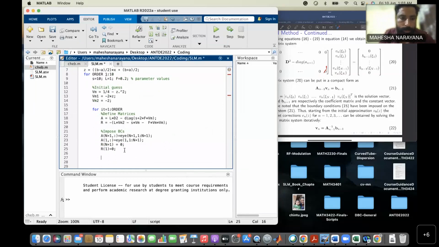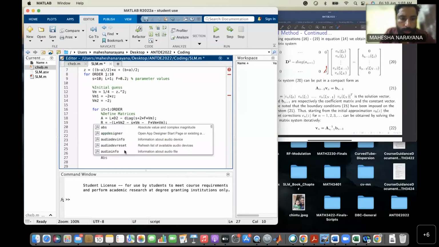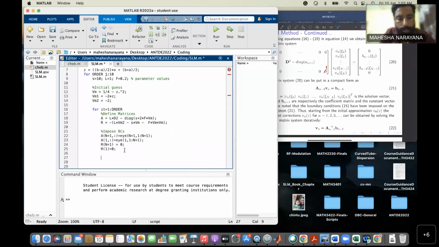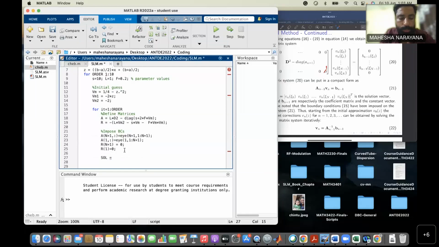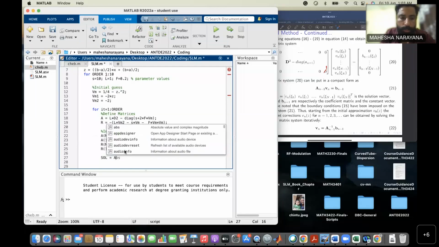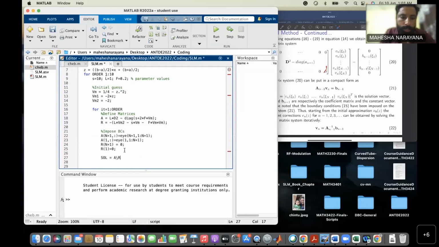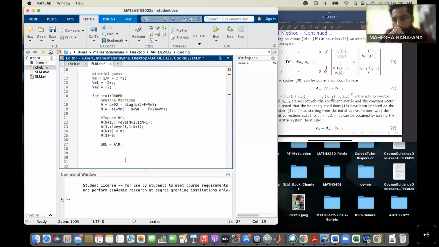So solution is A backslash R. So it's A inverse into R. R is the right hand side vector. So you have the solution at all the grid points. Now this will have the derivative information also. So you need to extract the solution and the derivative and the second derivative.